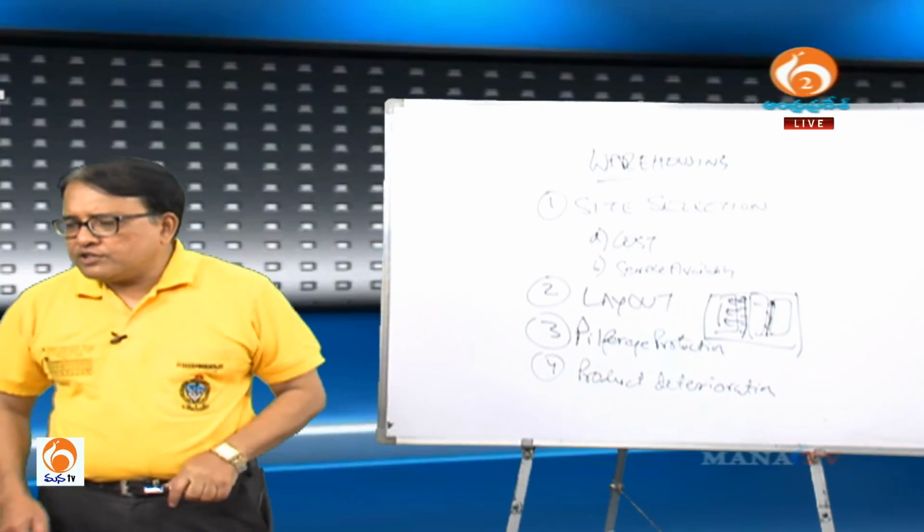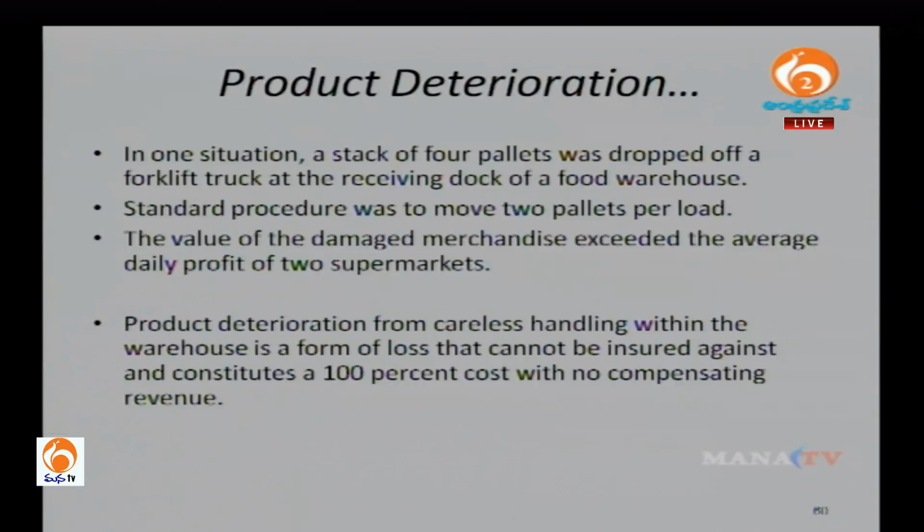Here we give an example of how in a particular situation a stack of 4 pallets was dropped off a forklift truck at the receiving dock of a food warehouse. Standard procedure was to move 2 pallets. The value of the damaged material exceeded the average daily profit of 2 supermarkets.